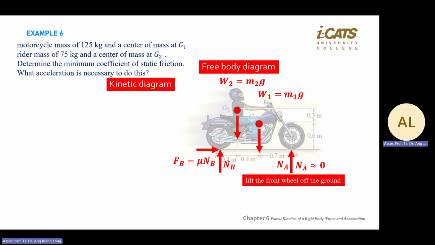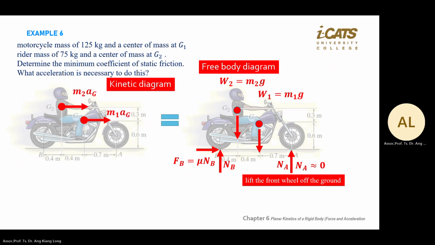So you have 2 MA pointing to the right from G1 and G2. It looks like this. Okay, so label clearly, you have M1 AG, and not only A, but AG, and M2 AG for the second one. But if you want to be more correct, it is M1 AG1 and M2 AG2, because you have two objects.